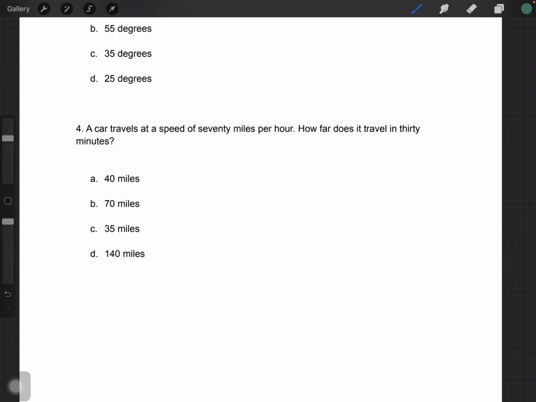Okay, so we're working in different units here because it says 70 miles per hour, but asks us in minutes. So in 1 hour, this is 60 minutes. It travels 70 miles per 1 hour, right? Now, 1 hour is also known as 60 minutes, right?